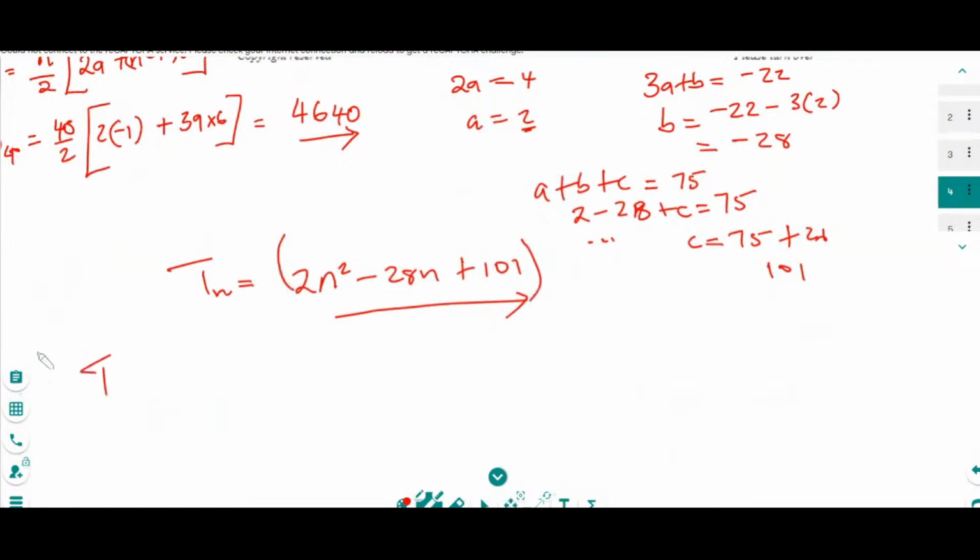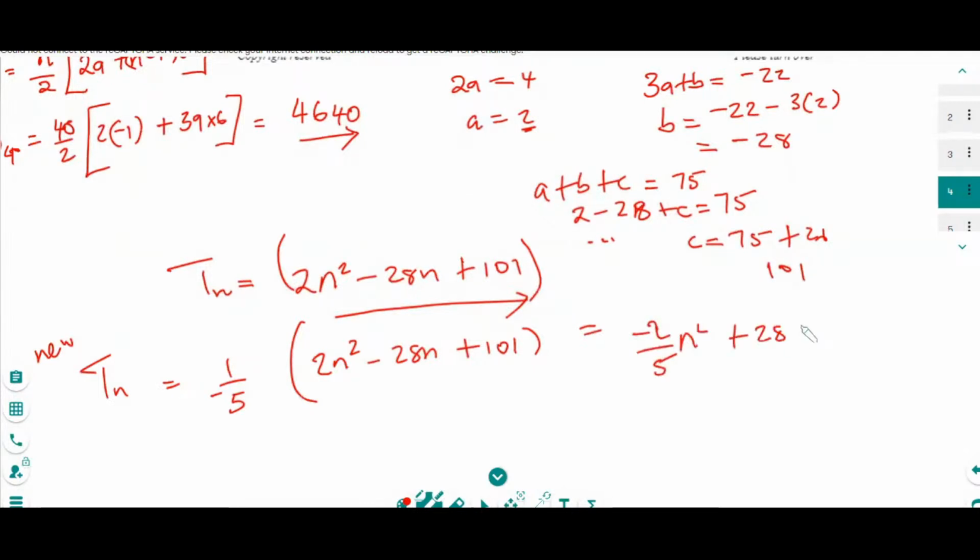So the new Tn is gonna be 1 over negative 5 times 2n squared minus 28n plus 101. When I open this up, I'll get negative 2 over 5 n squared plus the 28n over 5 minus 101 over 5. So this is the new pattern. But now we must use this new pattern to determine the maximum value.